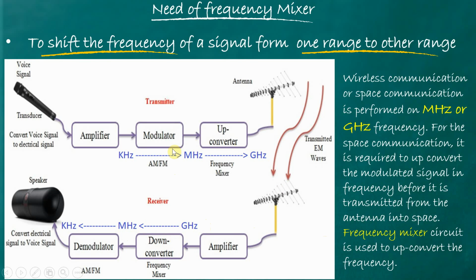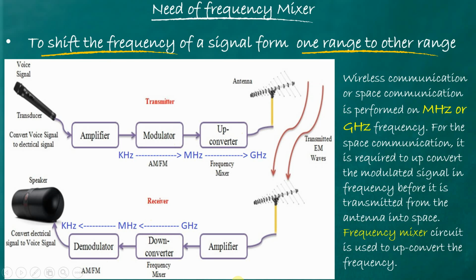At the transmitter side, if we are using a modulator, then at the receiver side we must use a demodulator. Similarly, if at the transmitter side we have used an up converter, then obviously at the receiver side we must use a down converter, right?